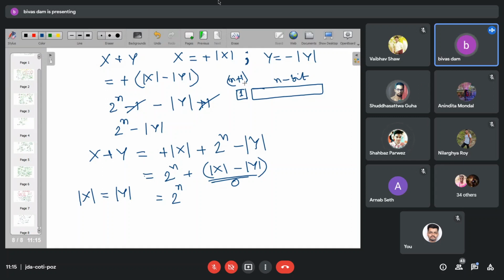Yes, sir. Simply ignore this end around carry or the final carry, and you will be getting the required result. Okay? Fine. So that means in case x and y are magnitude same, in that case I'll simply ignore this 2 to the power n, that is nothing but the end around carry or the final carry, to get the result 0. Fine.